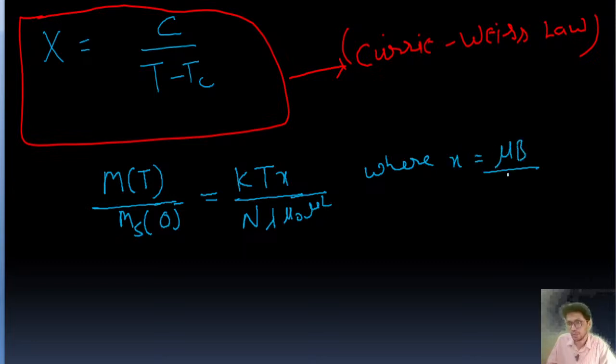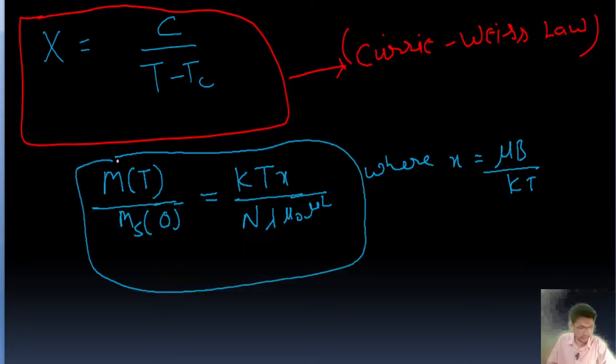B is the magnetic field, mu 0 is the permeability, n is the number of atoms per unit volume, and this value we know, right? So this is the magnetization.